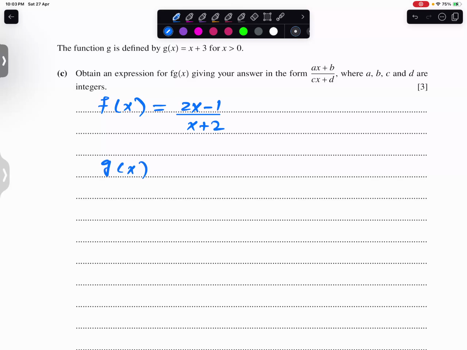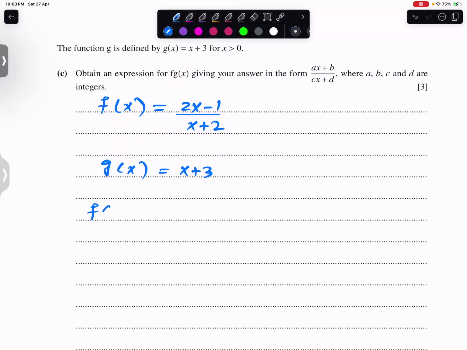And g of x is x plus 3. If you want to find fg, you have to put the next function into the previous function. So you will put g in f.